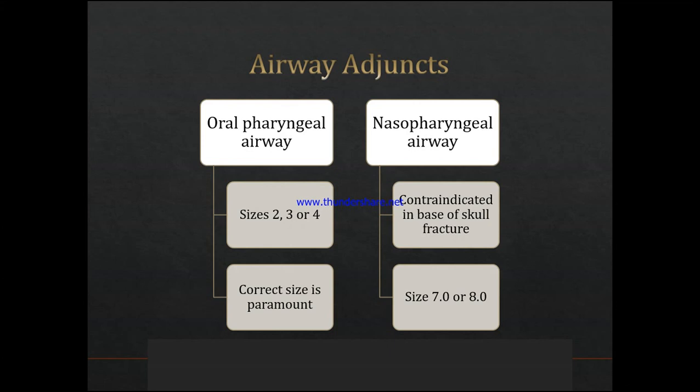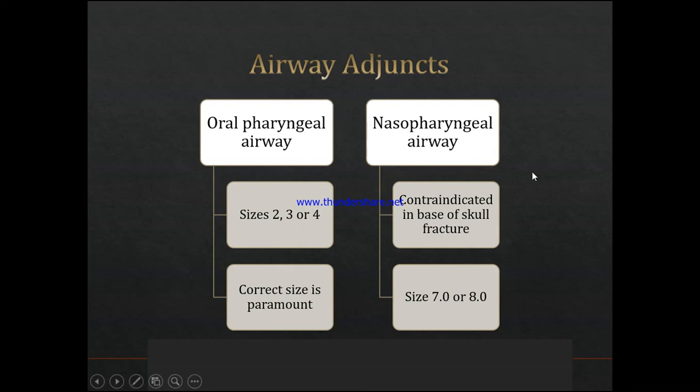Again, a little bit more about airway adjuncts, which I don't want to go into too much today. Oropharyngeal airways come in different sizes, and knowing that the correct size is absolutely paramount. If you have skills in airway management, then of course you're going to be very aware of the different sizing. But during your training, airway adjuncts will be covered, and they'll show you when you do your resuscitation training on the mannequin how to adequately assess for sizing.